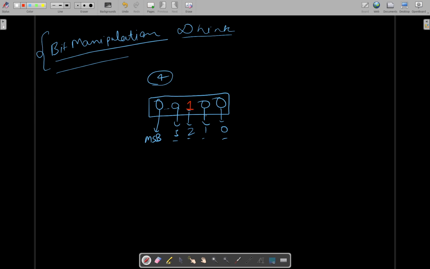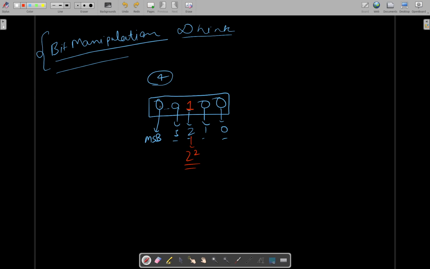So this indicates that this number is a power of 2 because this thing is 2 raised to power 2. Let's say this one was also set, 2 raised to power 0, so it's no longer just a power of 2, it's more than that. That's why only one bit will be set if a number is power of 2 at all.